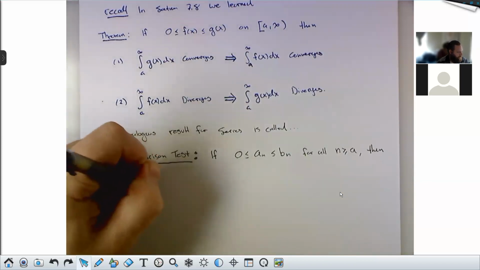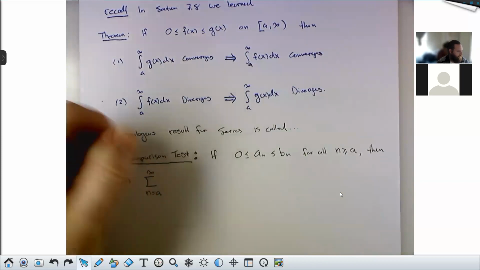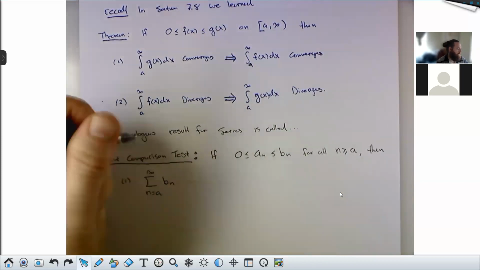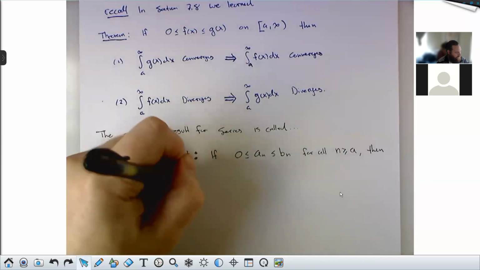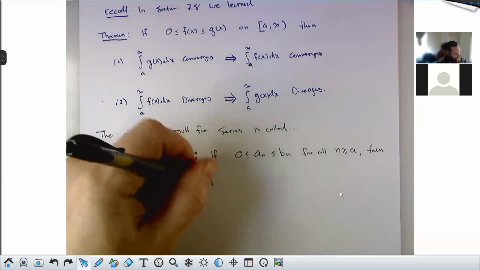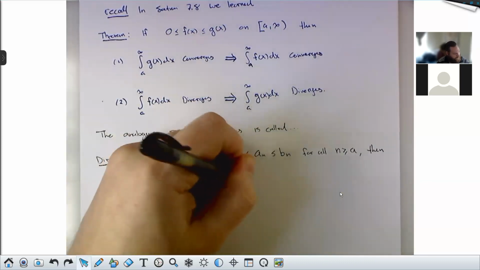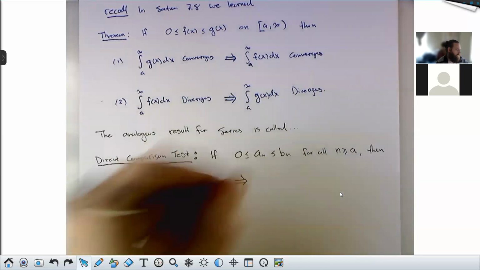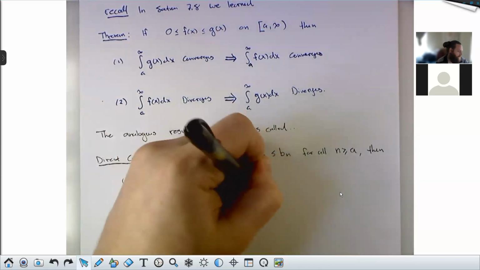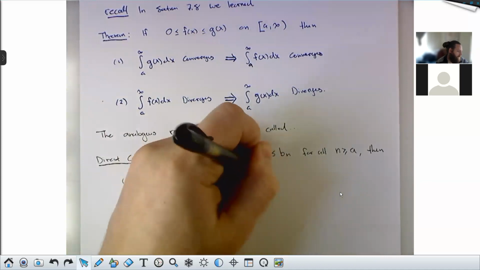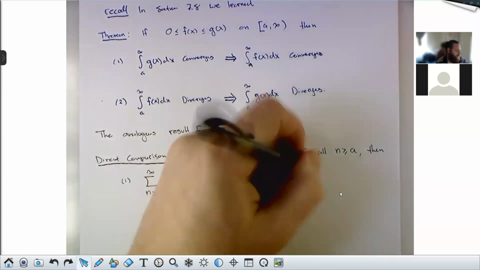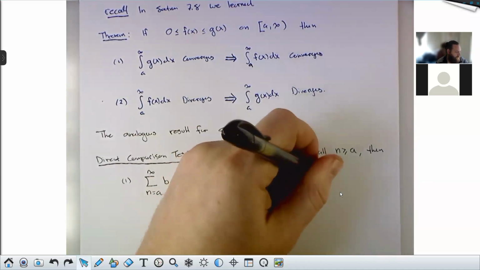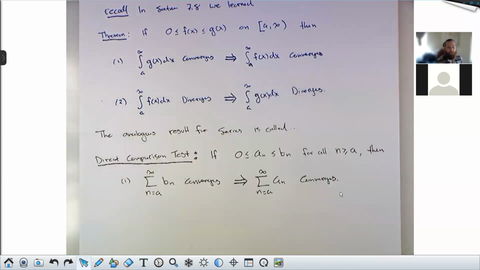If the sum from n equals a to infinity of the bn's converges, that implies that the sum from n equals a to infinity of the an converges.